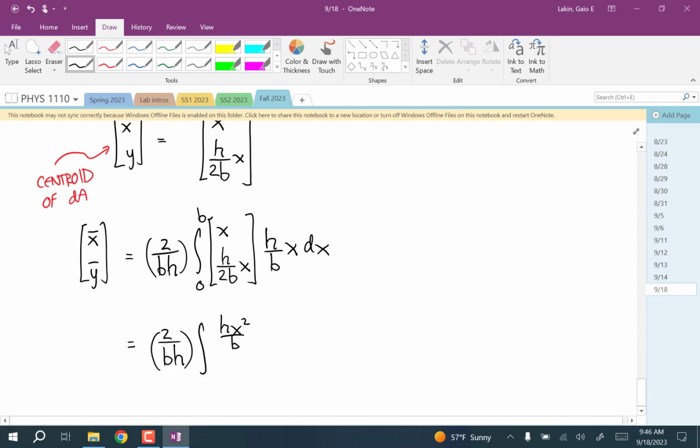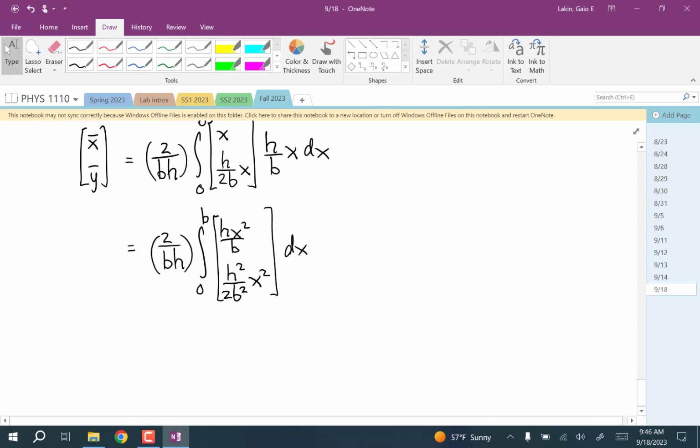For the y component, we have h squared over 2b squared, x squared, and then we're multiplying it by dx. Wouldn't you just take out hb to the outside of the integral? Yeah, you're right. That would have been quicker. Let's do that now.